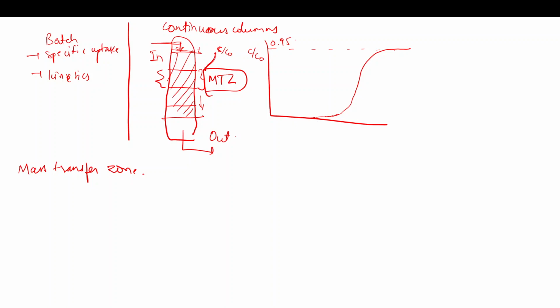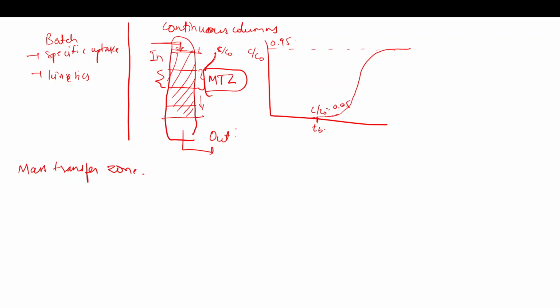So the time at which this C by C naught is greater than 0.05, you can say that it is the breakthrough, and the bed has started saturating.